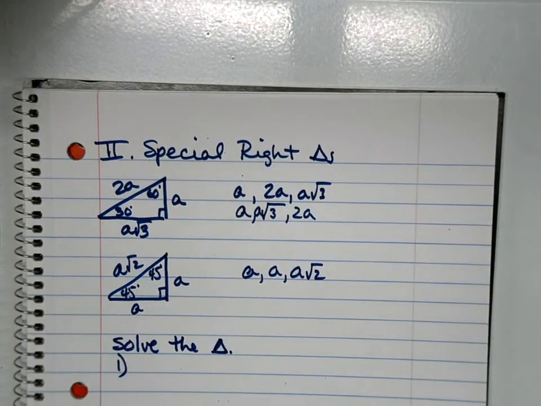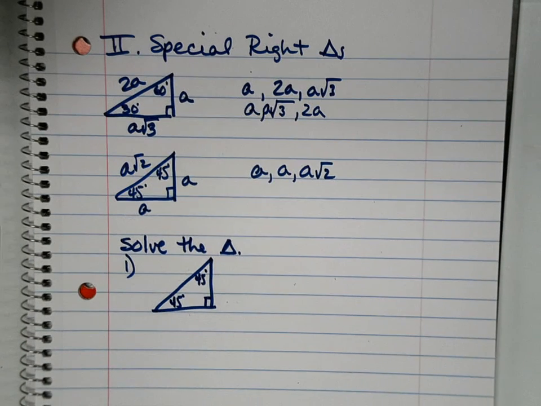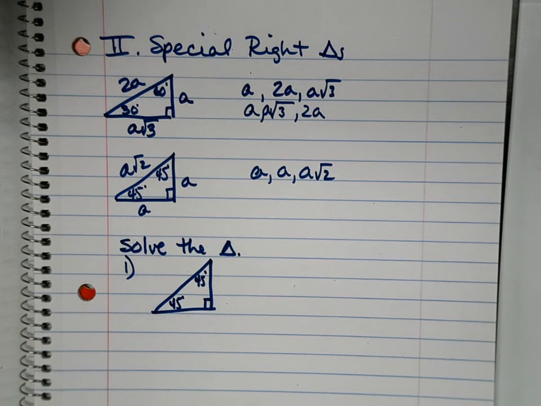Number 1, 45, 45, 90. I'm going to give you that this side is 6 root 2.